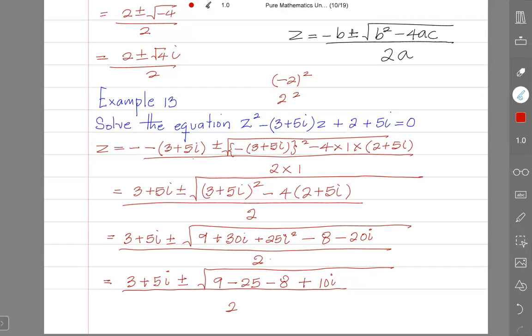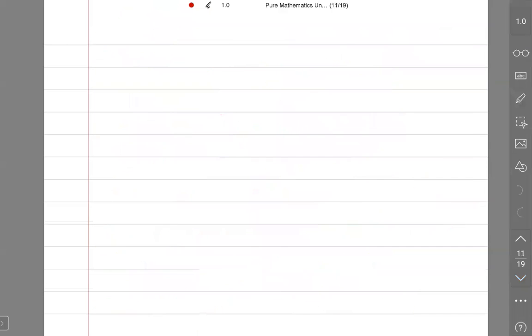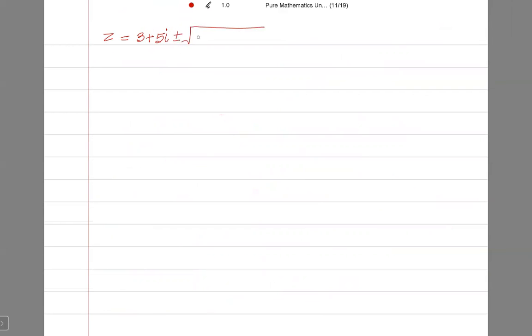So turning to the next page, what we have is Z is equal to 3 plus 5i, positive or negative, the square root of minus 24 plus 10i, and this is all over 2. Do you agree? Tell me if you agree, please. Yes, sir.